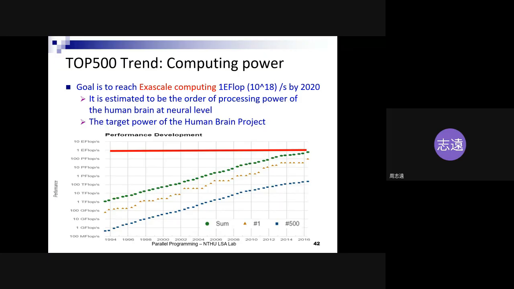So people are still pushing very hard to increase the computing power of our machines to reach this goal. And by the rate we have, although we haven't reached that goal yet, I don't think it's that far a distance.